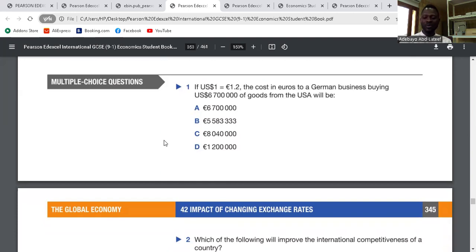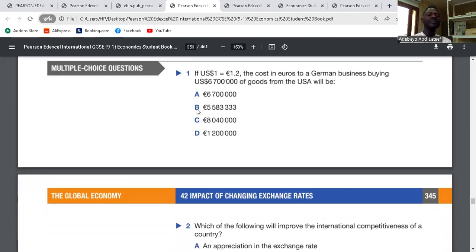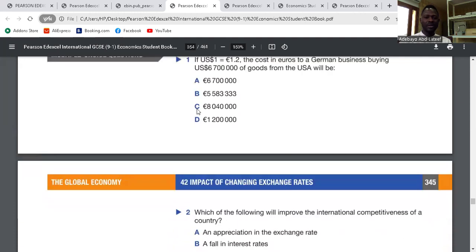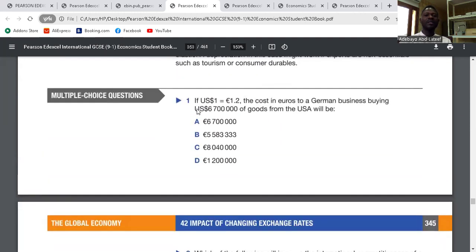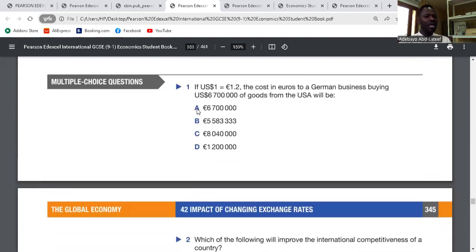The first question: if $1 is 1.2 euros, the cost to a German business of buying $6,700,000 worth of goods would be what?